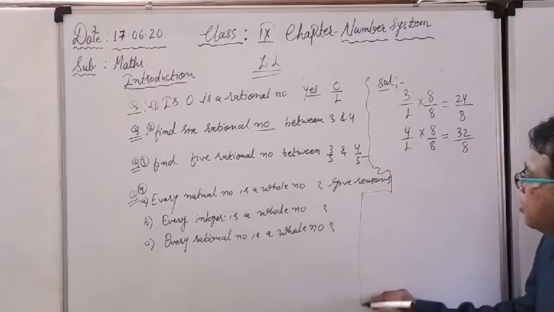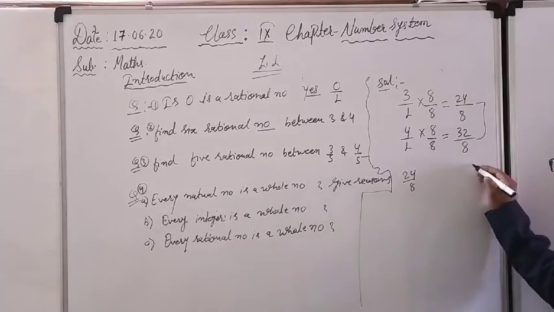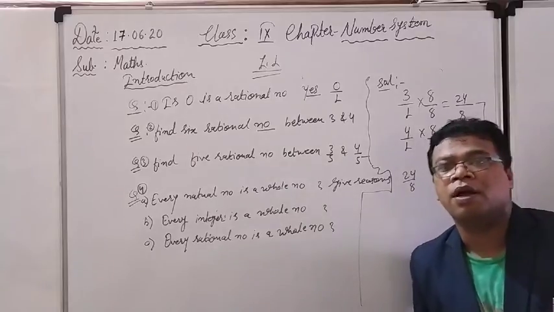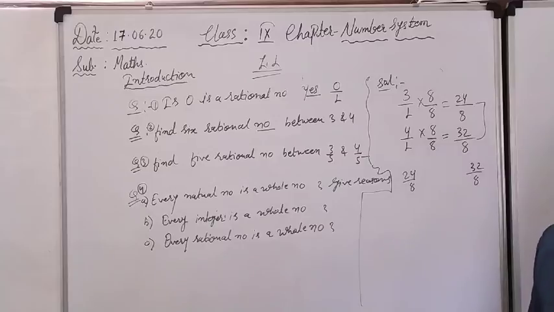Now you can see these are the numbers: 24 upon 8 and 32 upon 8, and between these two I have to find 6 rational numbers. So it is going to be very easy for me.